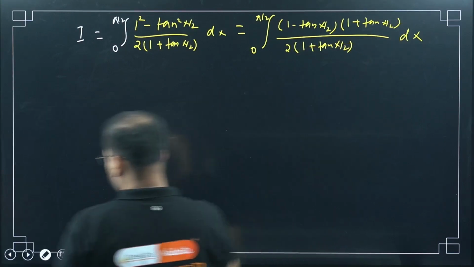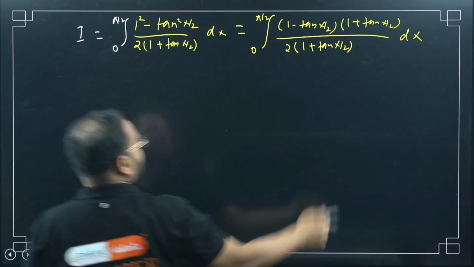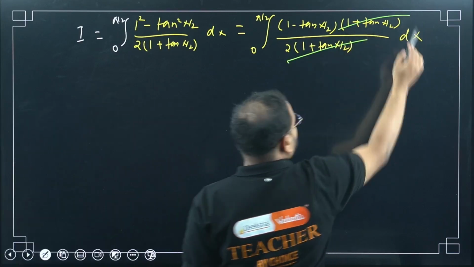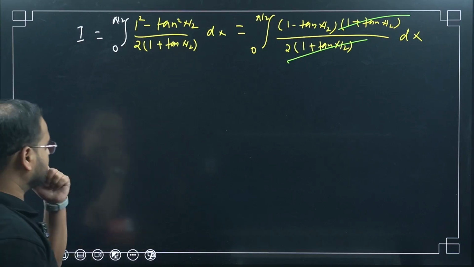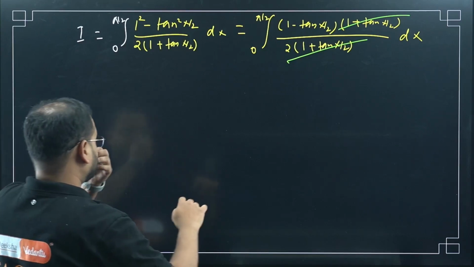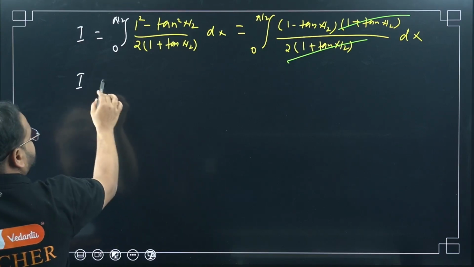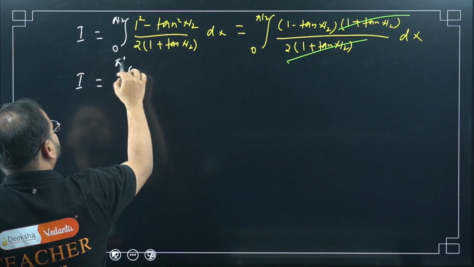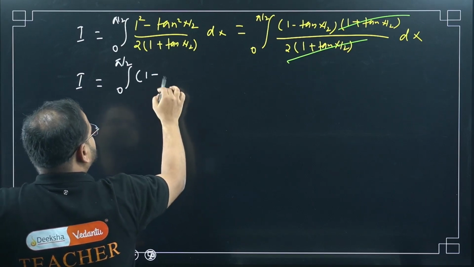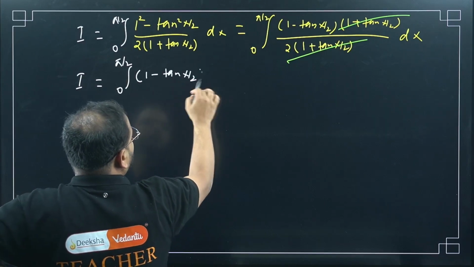Let me change the color a little bit. So I can cancel this whole thing with this whole thing. Now have a look. What am I left with? I equals the integral from 0 to pi by 2 of 1 minus tan of x by 2 dx.